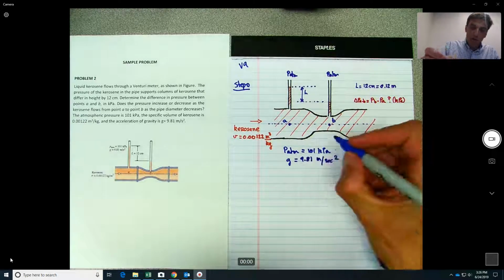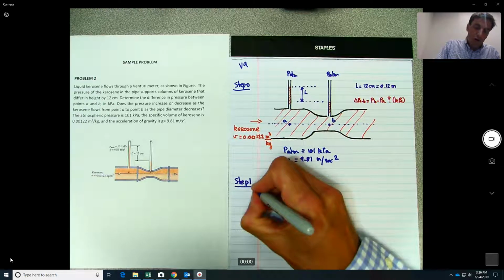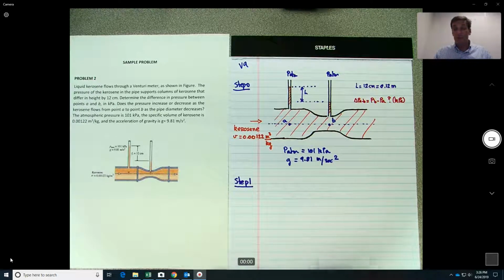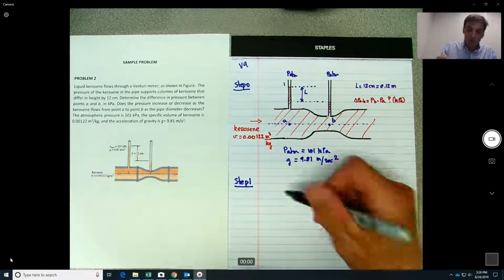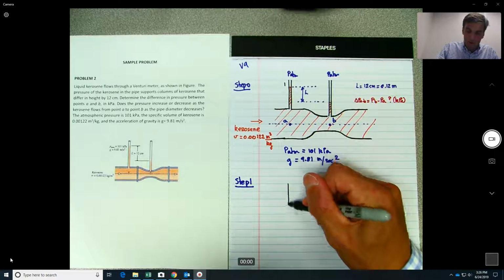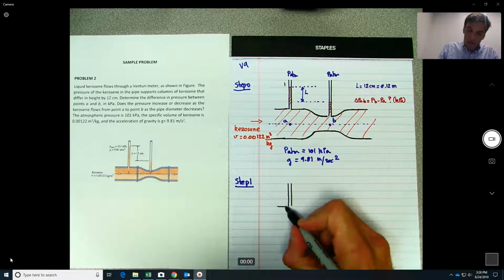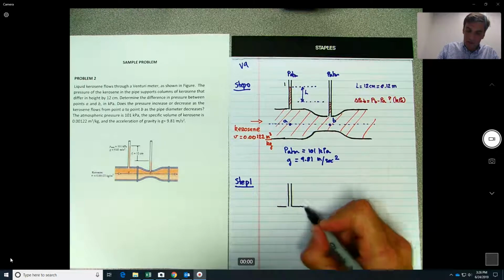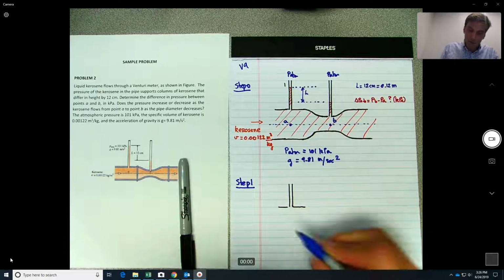So over here, now we go to step 1. So step 1, I always say, is the most important step. So let's say we're first going to start to go from point 1 over here to point A. So let's do a figure about that. This, and let's just say our point A. Now we'll do the whole figure again.